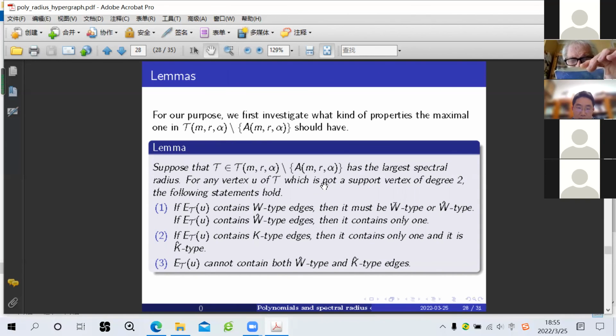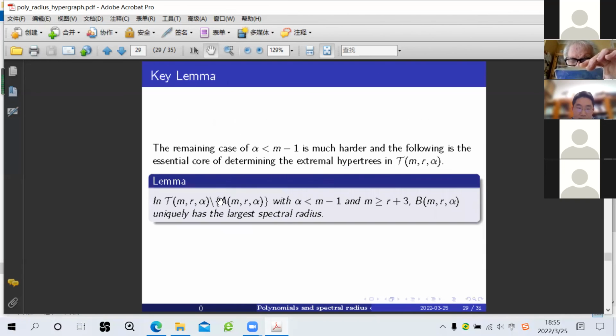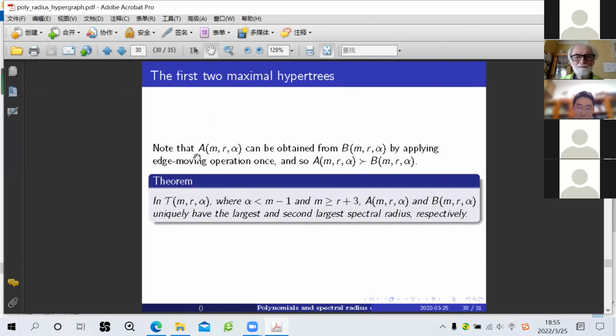These are some lemmas we needed. In this set, B uniquely has the largest spectral radius. Note that the hypertree A can be obtained from hypertree B by applying edge moving operations.